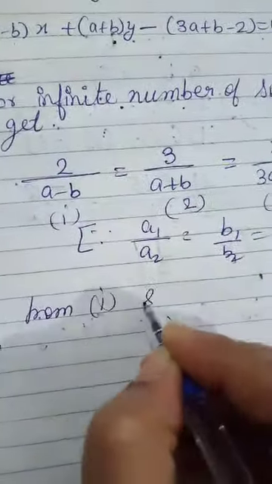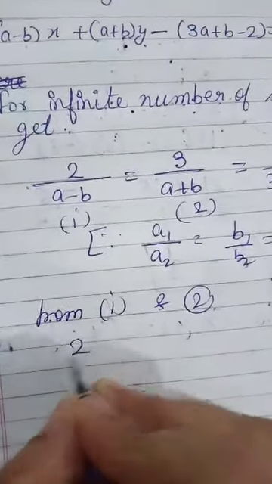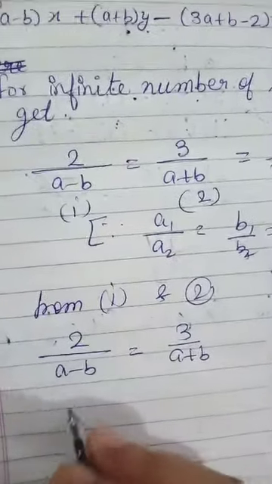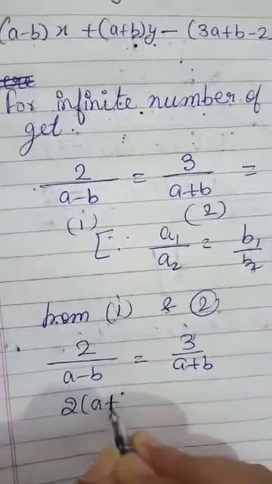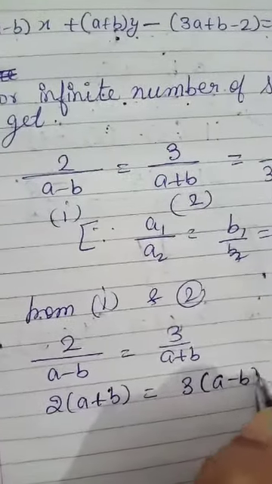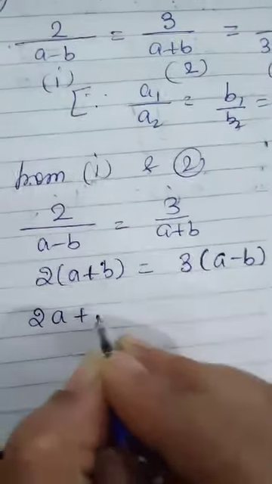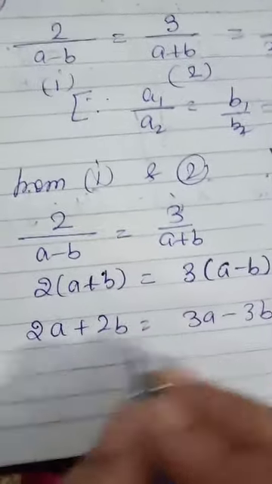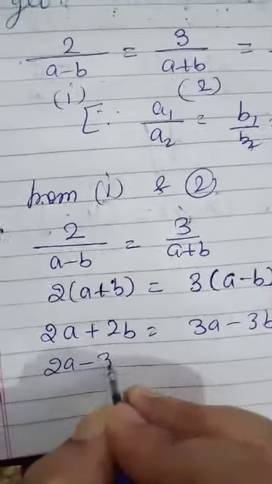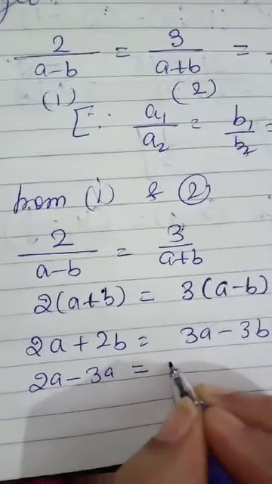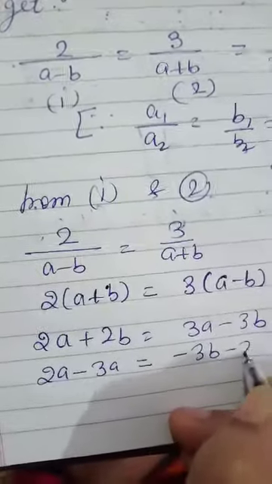From first and second we have 2 upon a minus b is equal to 3 upon a plus b. क्रॉस मल्टीप्लाई करेंगे 2 into a plus b is equal to 3 into a minus b. Okay, so this will become 2a plus 2b is equal to 3a minus 3b. एक तरफ ले लेंगे 2a minus 3a is equal to minus 3b minus 2b.